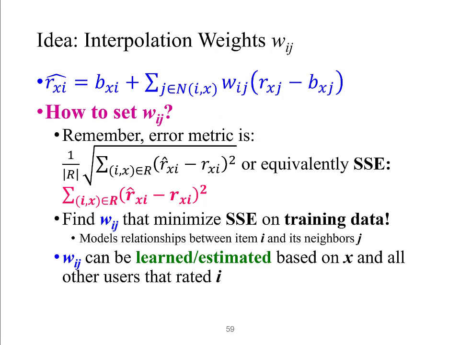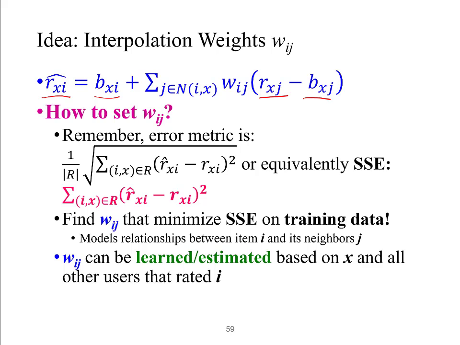Right. So the idea here is that we know that the predicted rating Rxi is the baseline estimate plus the weighted sum of the deviations here. We can compute Rxj, we can compute Bxj and Bxi.